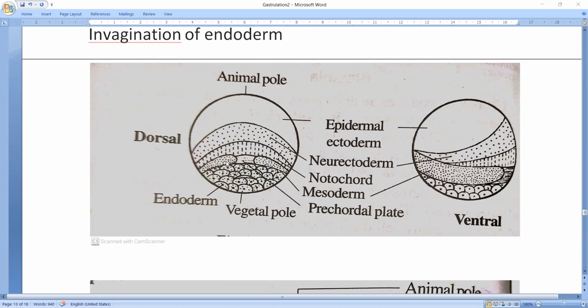So this total one is mesoderm, and this is also part of mesoderm, but it will become notochord. And this is part of ectoderm, but it will become the nervous system, the central nervous system. And this epidermal ectoderm produces different kinds of epidermal tissues.